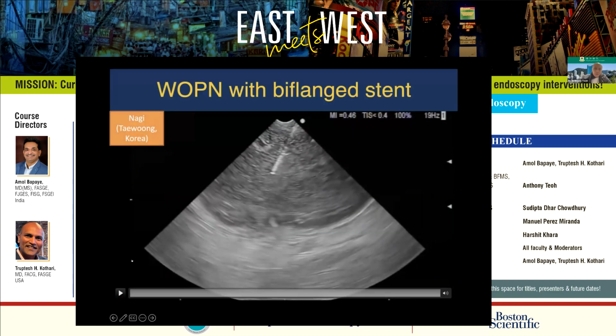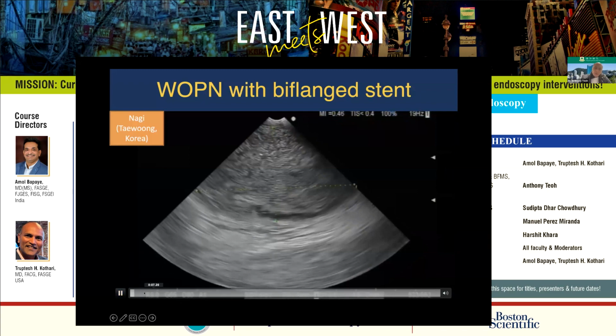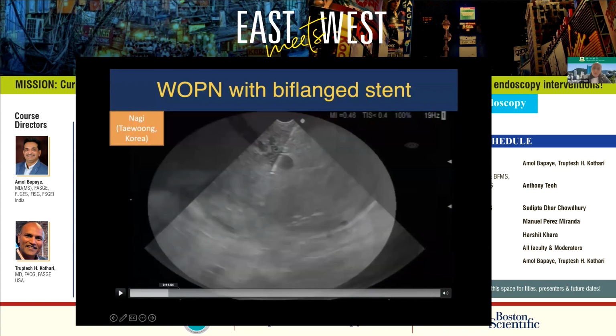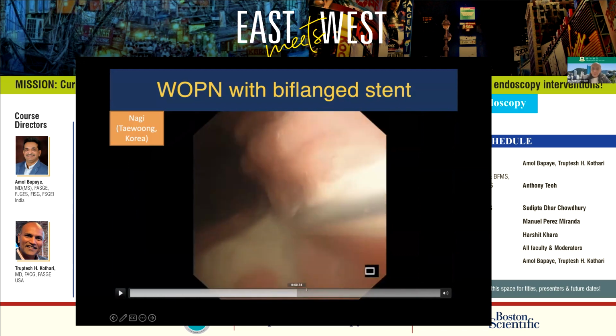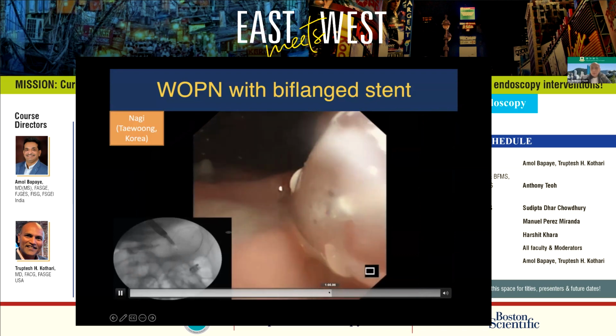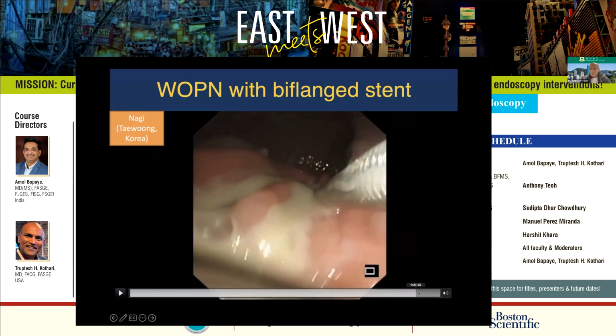So this is the Nagi stent, which in this definition, I would not consider a lumen opposing stent. This is one of the older videos where we used it to drain a walled-off necrosis. It's a metal stent, which has a large diameter.